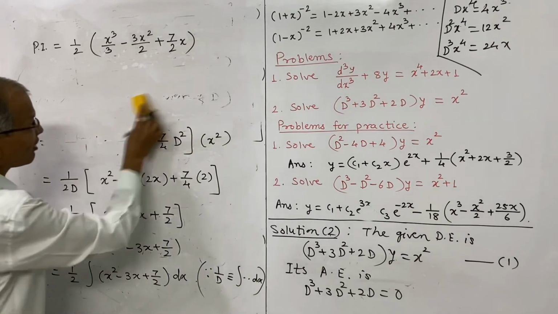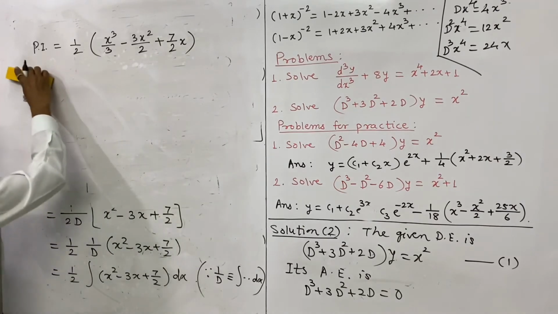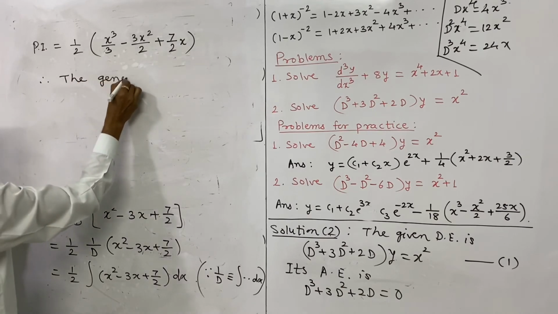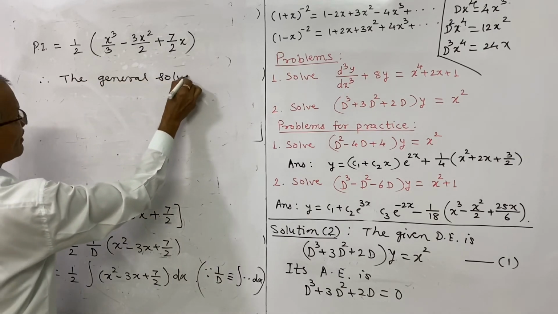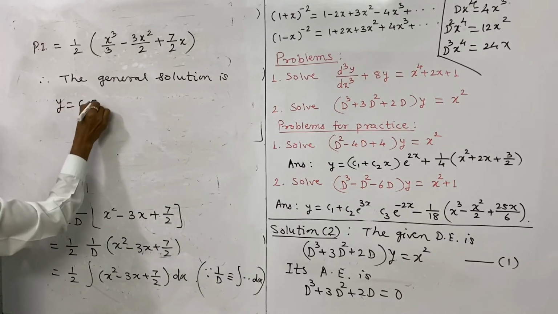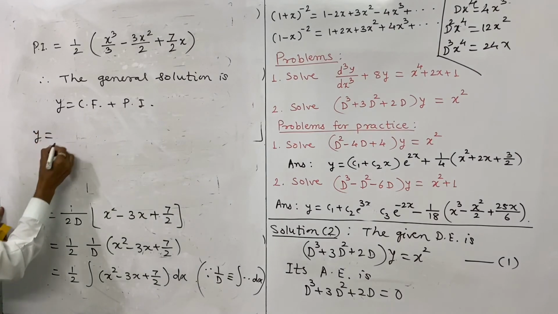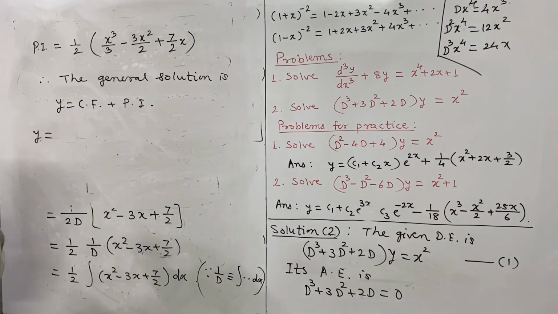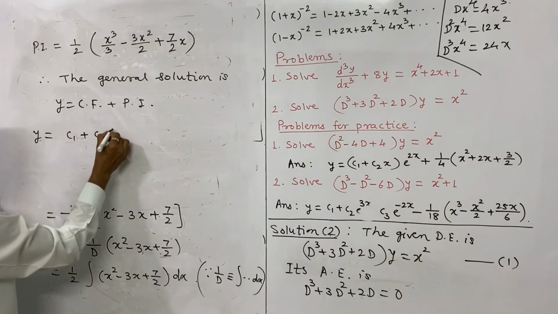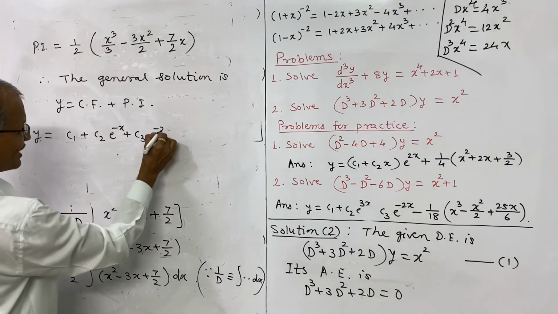So thus, after obtaining PI, we now write the general solution. Therefore, the general solution is y is equal to CF plus PI. CF we have written already, that is C1 plus C2 e power minus x plus C3 e power minus 2x.